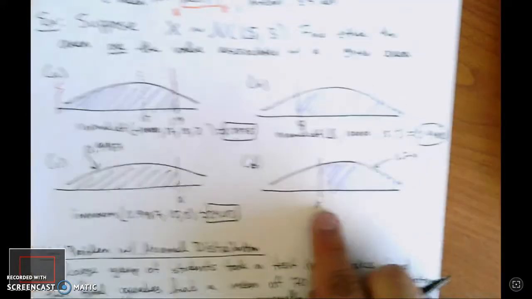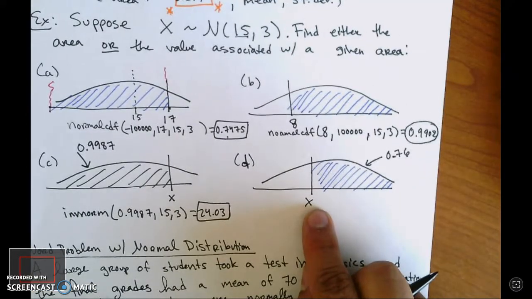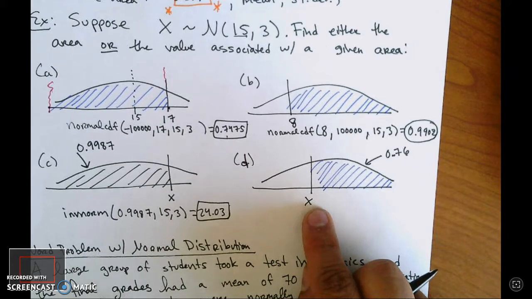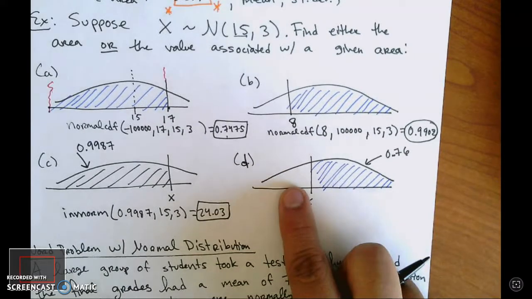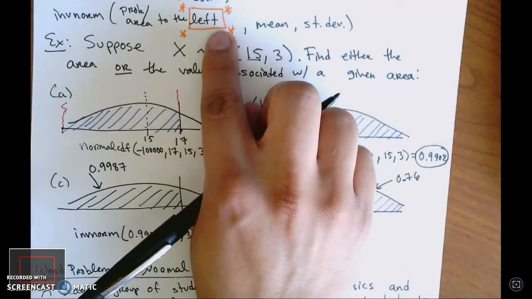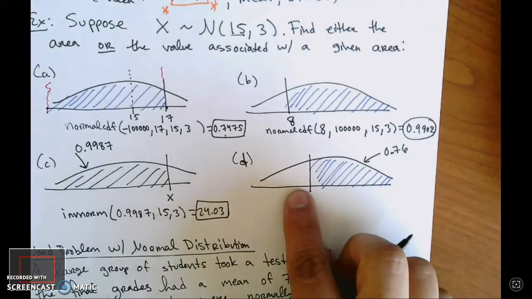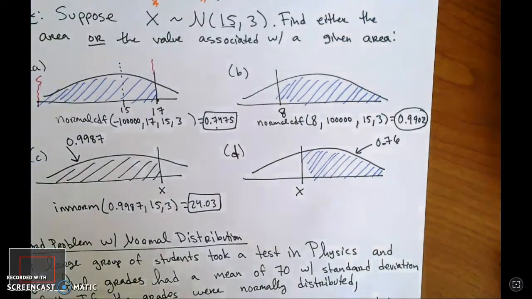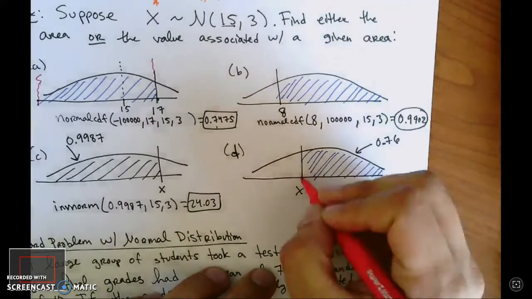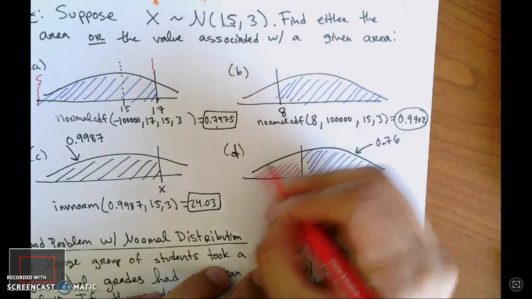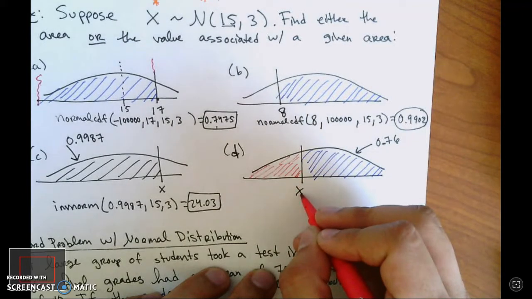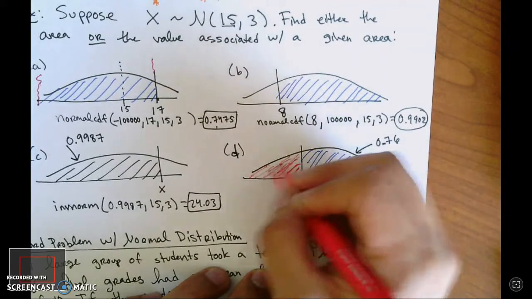Now this one we have to be very careful with, because the area is no longer on the left-hand side. The area has to be to the left, so we need to make sure of that. It doesn't really matter if I take it to the right or to the left; if I find the area to the left, I'm still going to get the same value of x. So I need to figure out what this red area is.